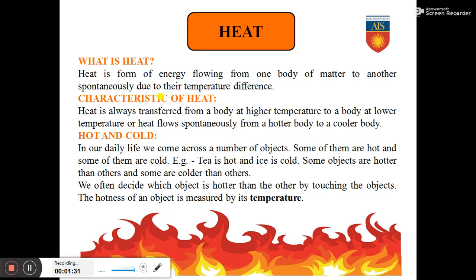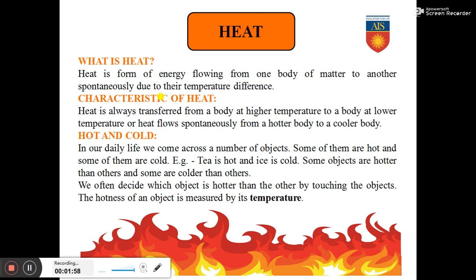Now we know that there are three states of matter, namely the solid, liquid and gas. So heat is a form of energy that can flow from any state of matter to another state of matter. It may be solid to solid, it may be solid to liquid, it may be liquid to gas, etc. And it happens spontaneously due to the difference in the temperature between these two particular bodies.